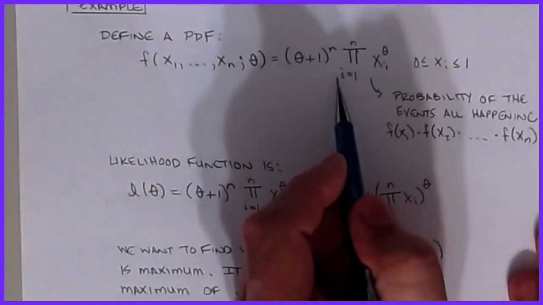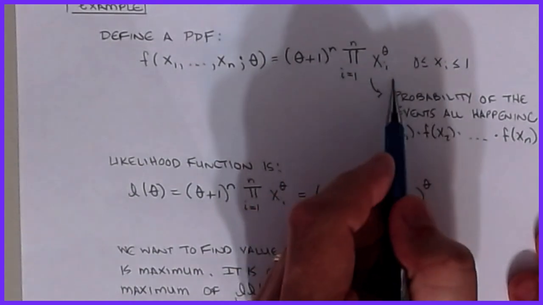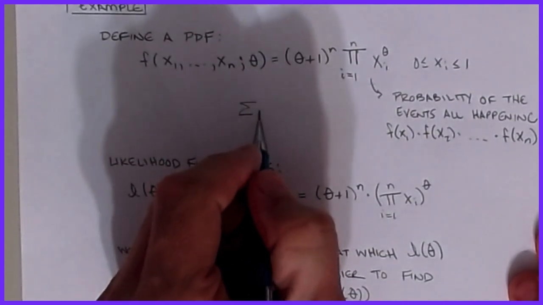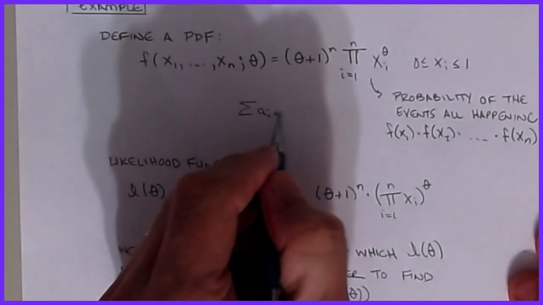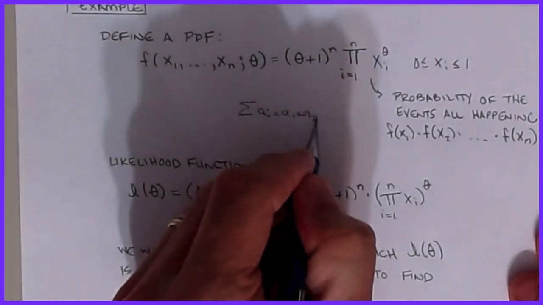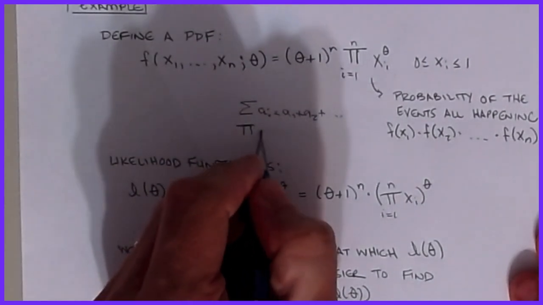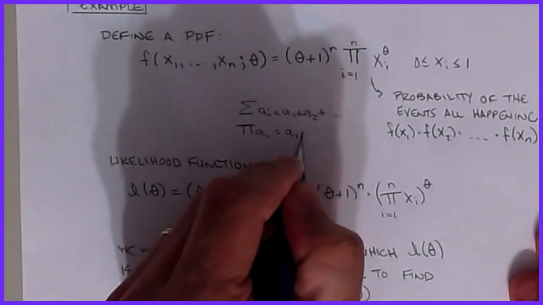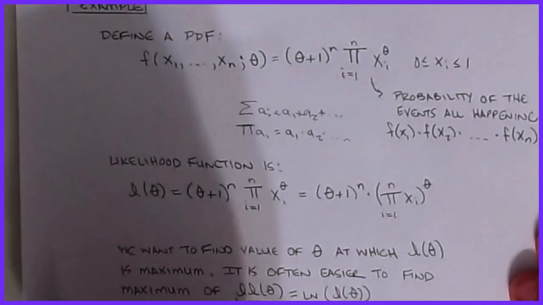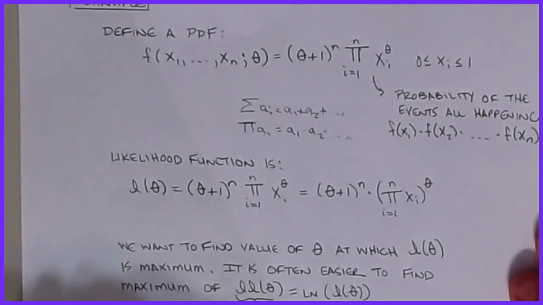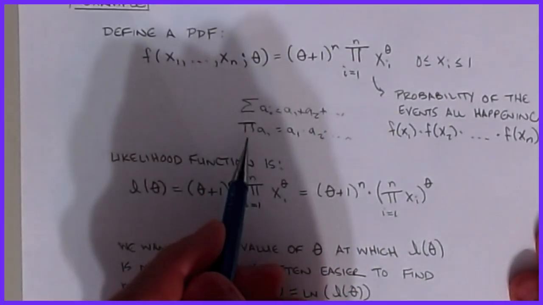Now if you look at this, you've seen this before. We've talked about summation operators, where the sum of ai is equal to a1 plus a2 plus all of this, and the product operator of ai is equal to a1 times a2 times all the way out to whatever my limit is. That's the difference between these notations.